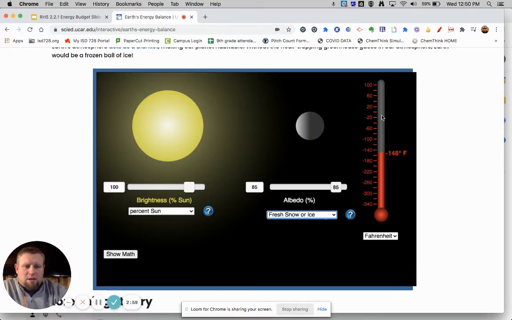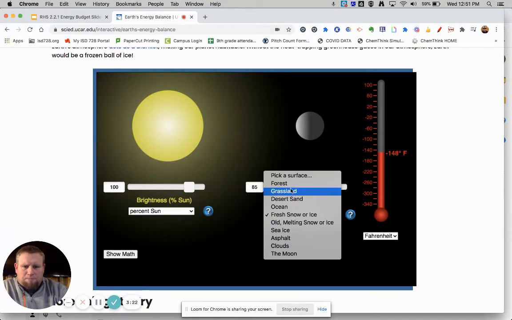Meaning that it's going to contribute to a significant drop in temperature because it's not going to absorb that heat. It's actually going to reflect it, okay? So you can see on the temperature scale over here that it would contribute to an approximate value of negative 148 degrees Fahrenheit if the whole Earth essentially was covered in snow and ice.